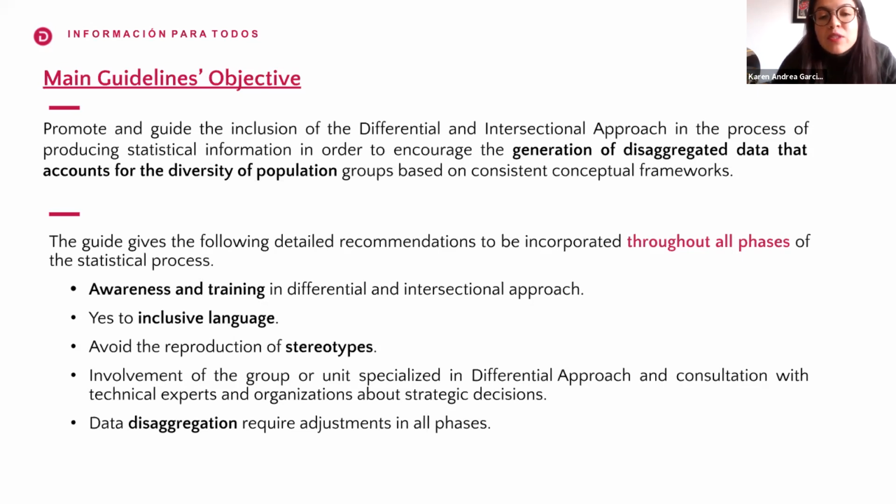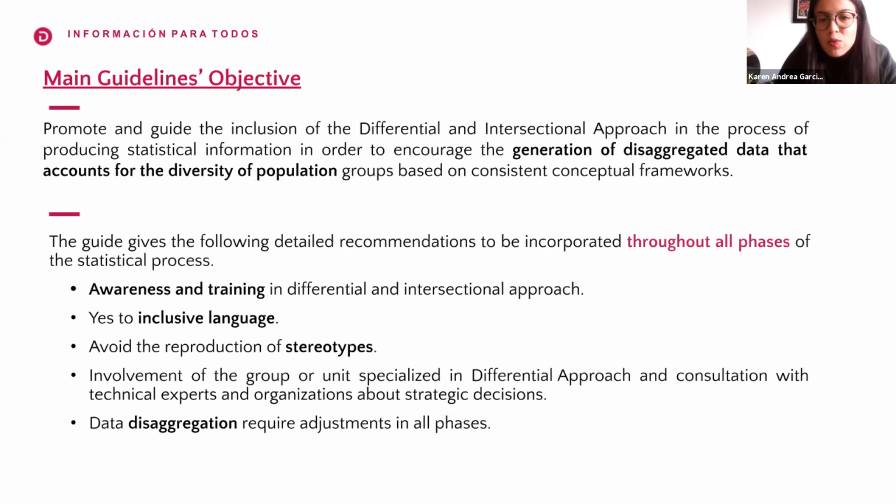And I want to mention the main recommendations that we put in the document throughout all the phases of the statistical process. These are things that we are recommending to take into account in all the phases, just to mainstream these recommendations.